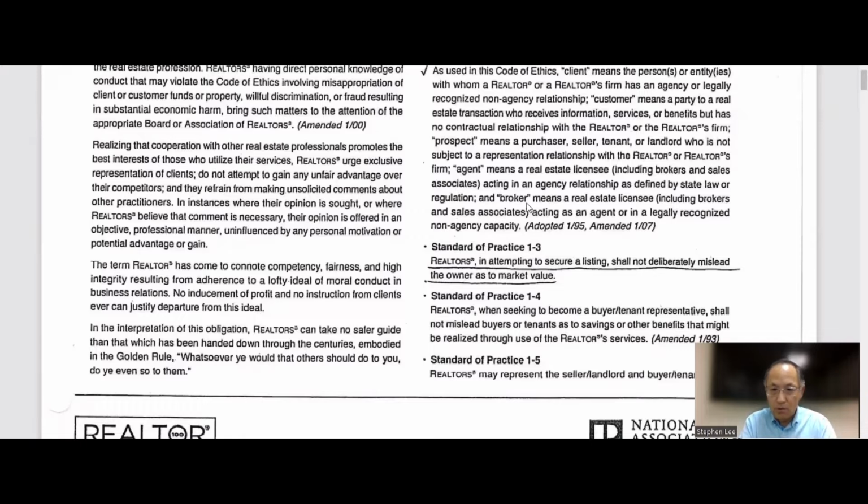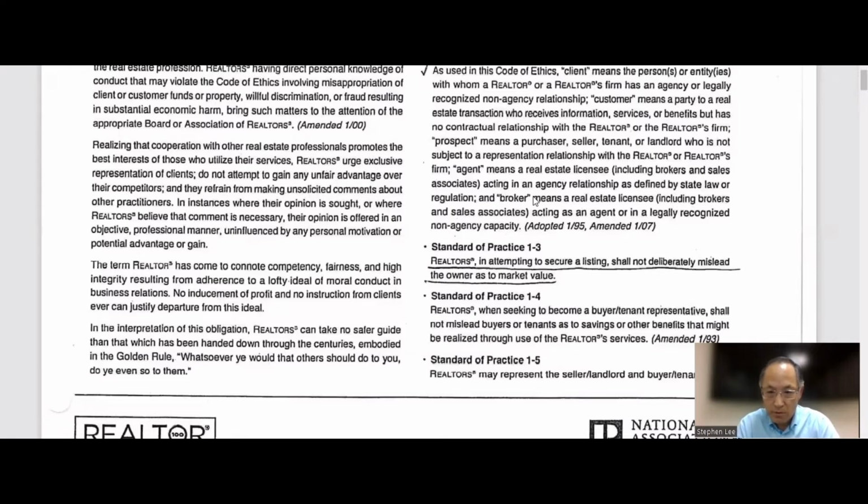What about broker? Because sometimes we're confused between agent and broker. Broker means a real estate licensee, including brokers and sales associates, acting as an agent or in a legally recognized non-agency capacity. So broker is a broader definition. Agent means it has to have an agency relationship.